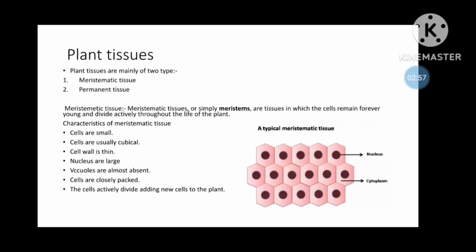The main characteristics of meristematic tissue are: the cells are small, cubical, having thin cell walls, nuclei are large, and vacuoles are almost absent. Cells are very closely packed, means there is no intercellular space, and the cells are actively dividing, adding new cells to the plant.